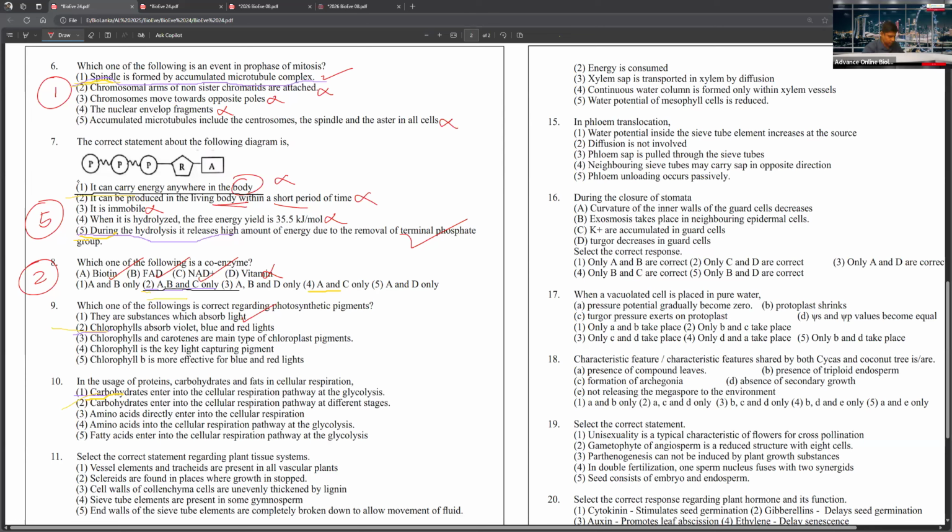Then chlorophylls and carotenoids are the main types of chloroplast pigments. Yeah, the resource book says visible light. That's correct. Light, visible light, the keyword is slightly different.